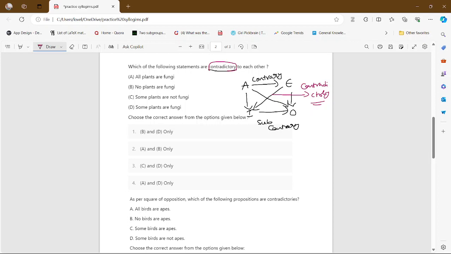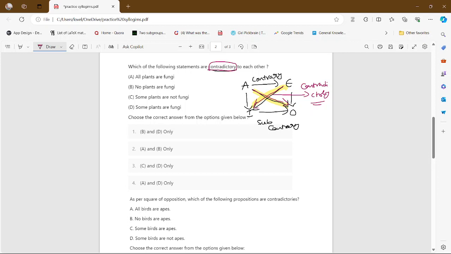Here they are asking contradictory, which means they are asking about A, O or E, I. So our main objective is to check in the given options whether A, O or E, I is present or not.